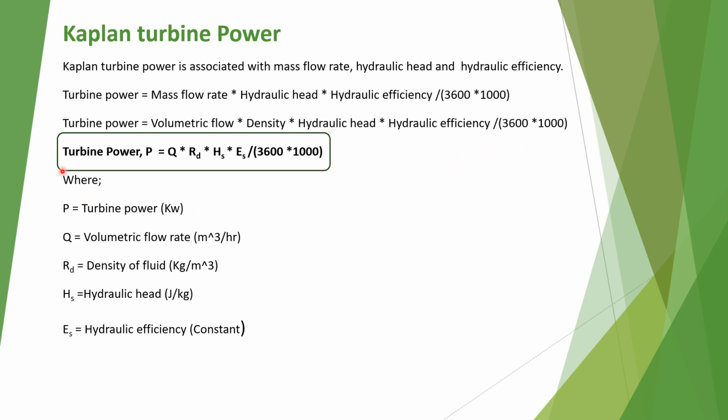So turbine power P is equal to Q into RD into HS into ES upon 3600 into 1000. So P is turbine power in kilowatt, Q is volumetric flow rate in meter cube per hour, RD is density of fluid in kg per meter cube, HS is hydraulic head in joule per kg, and ES is hydraulic efficiency, which is constant.